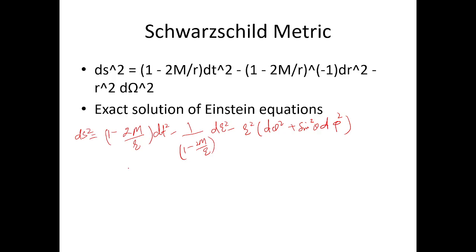This is the Schwarzschild metric. Here the mass m is the mass of the black hole.